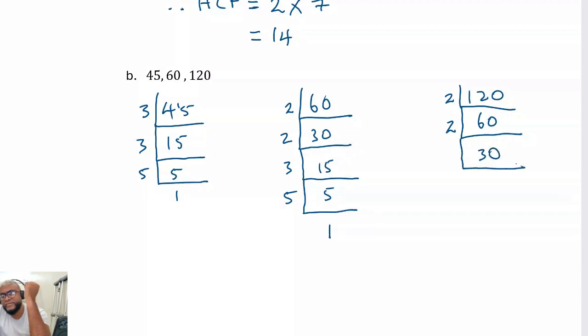Could we use 2 again? Yes, sir. 2 into 30 is? 15. Can we use 2 again? No, sir. Right, nice. And then we use a 3 now. 3 into 15 is? 5. And then 5 into 5 is?